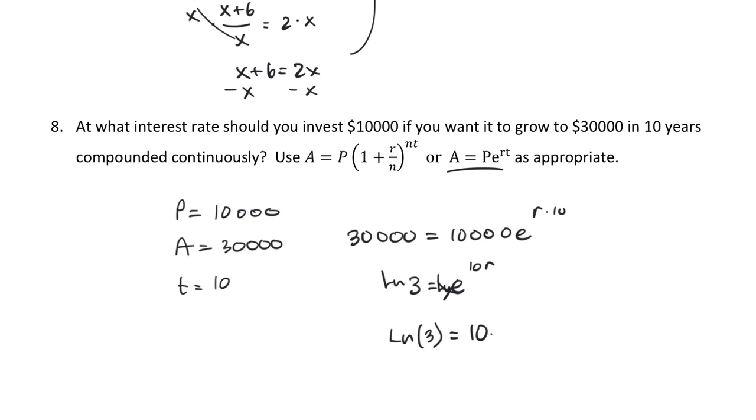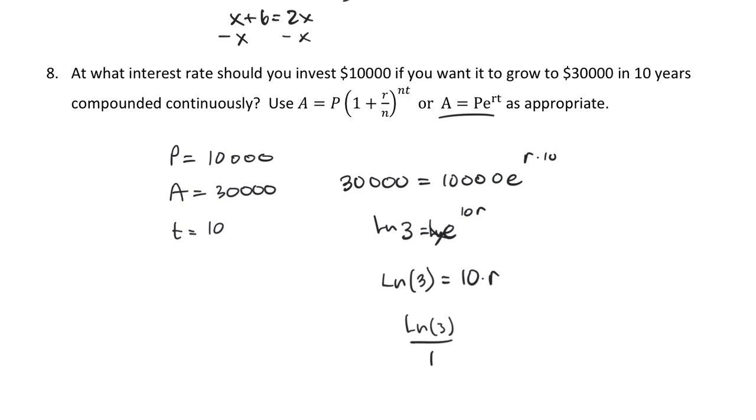So now that's just 10 times R. So divide by 10. Get the interest rate. So that's 10.98. No, it's 10.99.